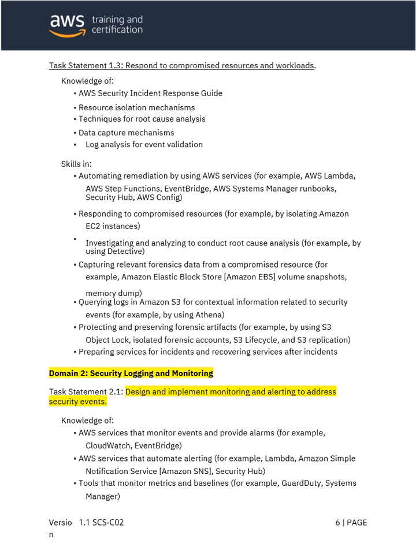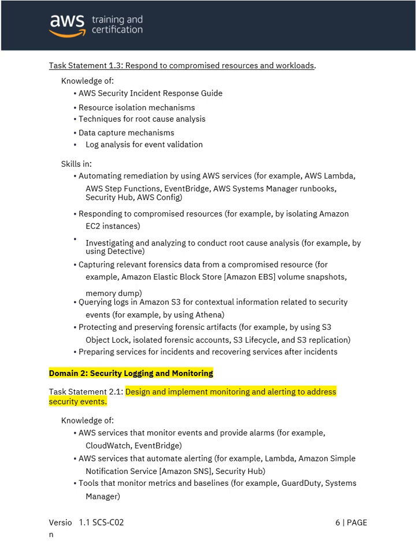In terms of S3, if you have to analyze PII data, can you use Athena for log analysis? How can you use S3 lifecycle, replication, or object locks? This all comes under domain 1.